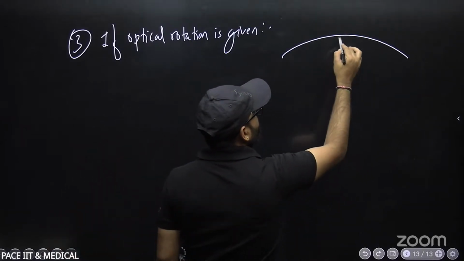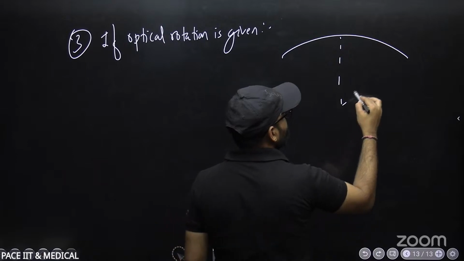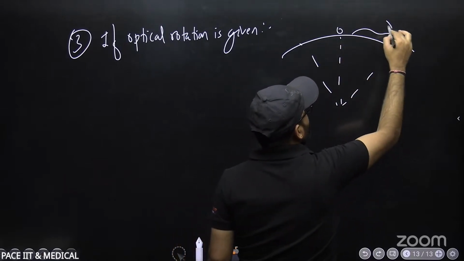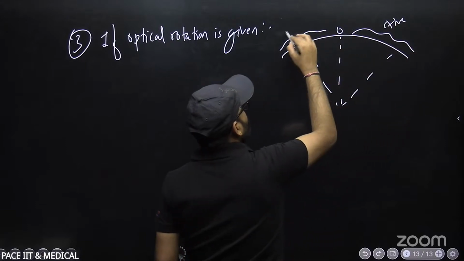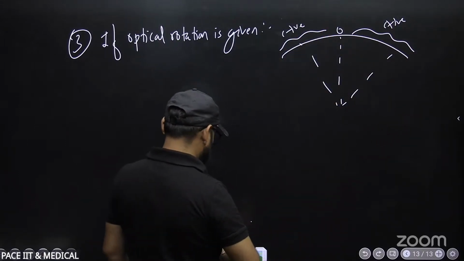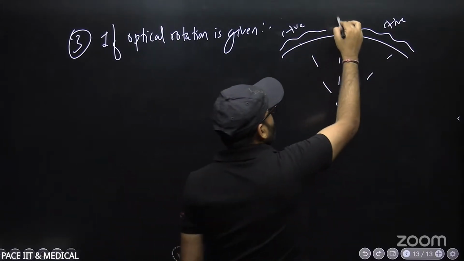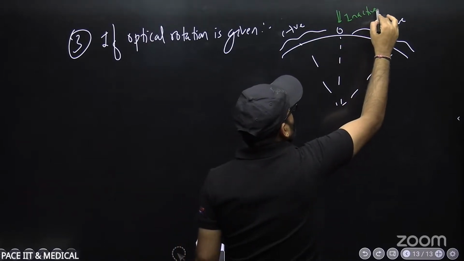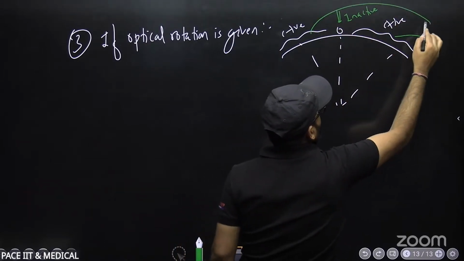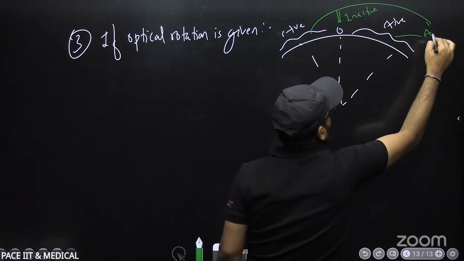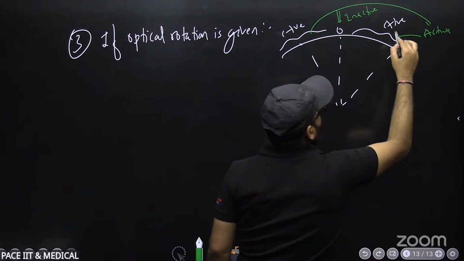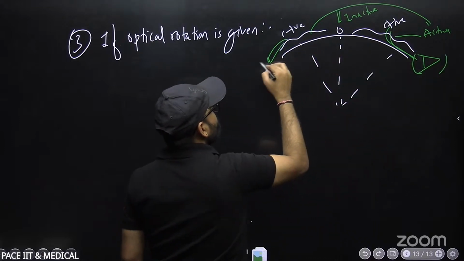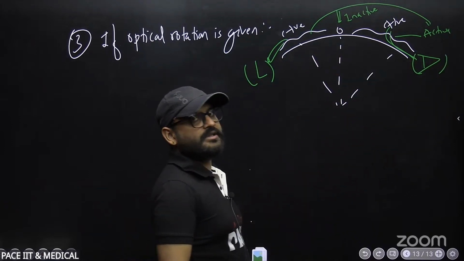I think you must have studied this. This is 0. On this side positive angles, on this side negative angles. If the data is here, then inactive, otherwise optically active. Positive values mean dextro, negative values mean levo, D and L configurations.